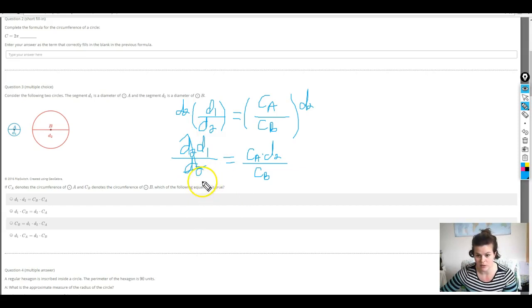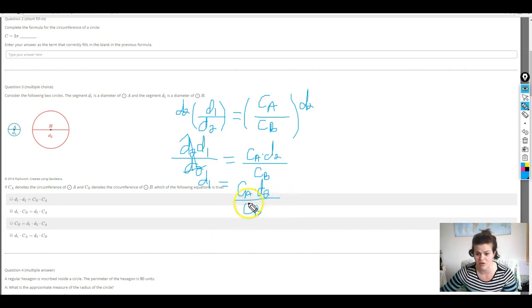It does reduce down to 1, so that gives us 1 times diameter 1, or just diameter 1, is equal to the circumference of A times diameter 2 divided by the circumference of B.